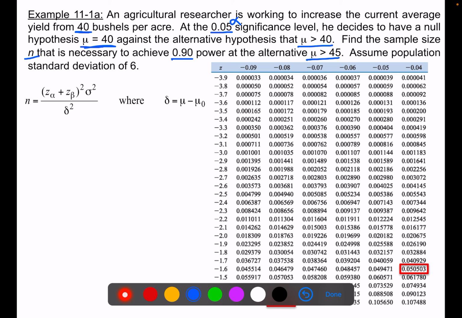So basically what we are interested in is this area. So mu is 45, and this is the incorrect mu, 40.